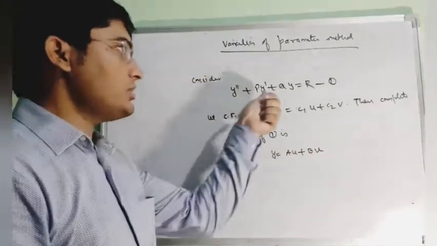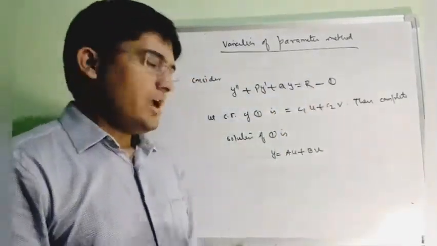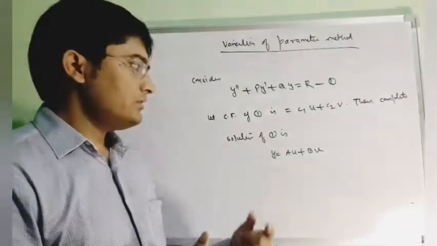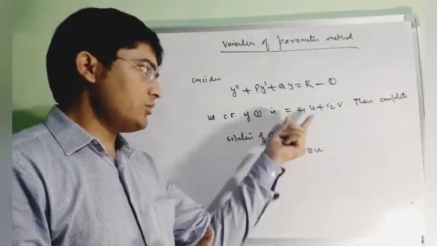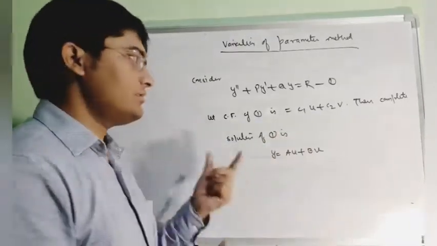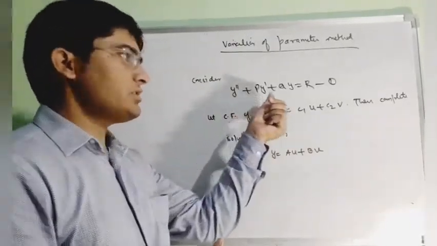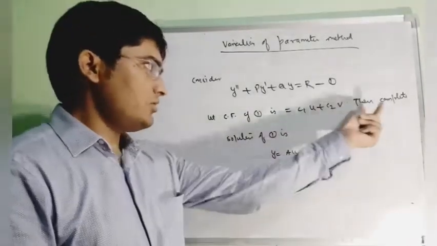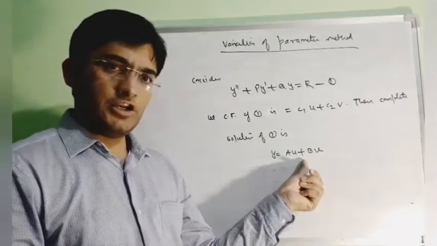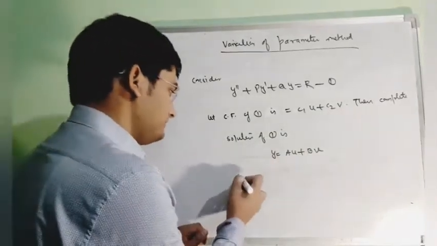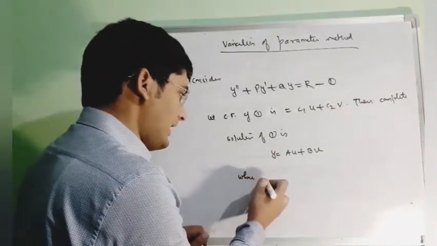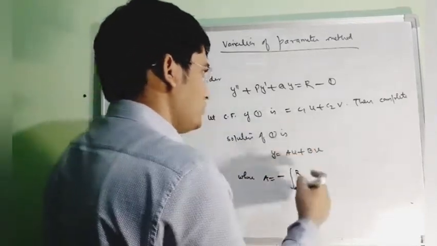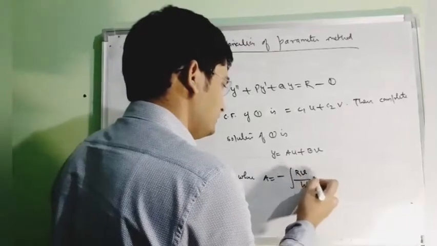This is our complete solution of this differential equation, and some authors write it as particular integral, and then using the particular integral and complementary function they say that the general solution is the sum of the complementary function and particular integral. But right now I am writing it as a complete integral, where my A is given by the integral of minus r into v upon w.